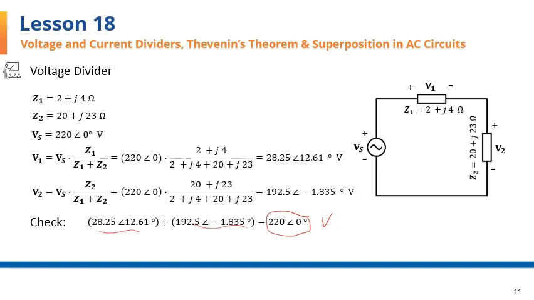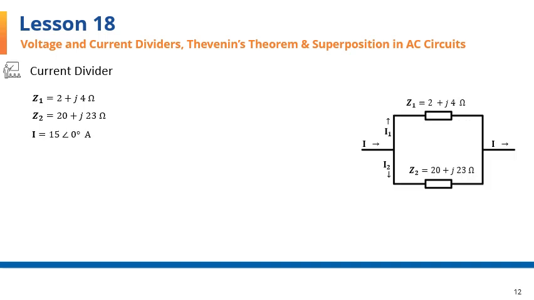Let's now move on to the construct of current dividers. The idea here is that if a current is branched off to two impedances in parallel, the current flow in each impedance would be in proportion that is inverse to the value of that impedance.